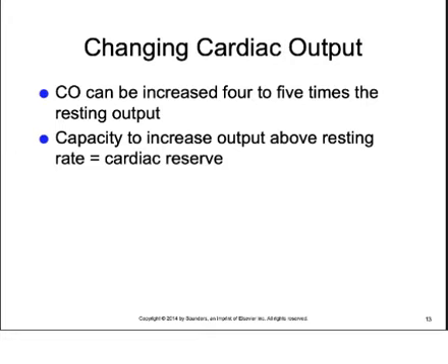The afterload is the force against which the heart has to work, and that's usually greater in people who are out of shape. And the result of that is that the heart rate tends to be rapid all the time, and that also puts a strain on the heart and can weaken it over time.